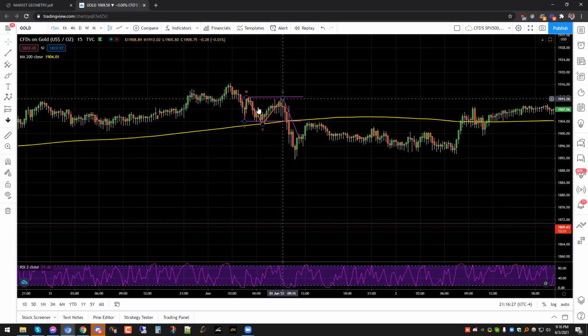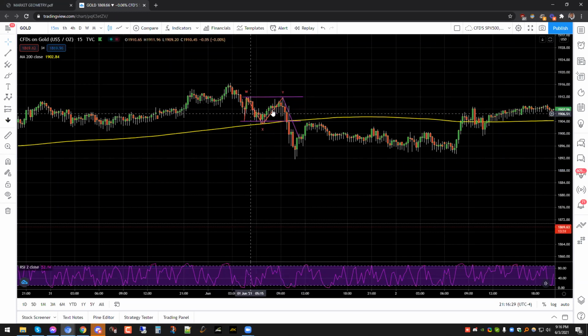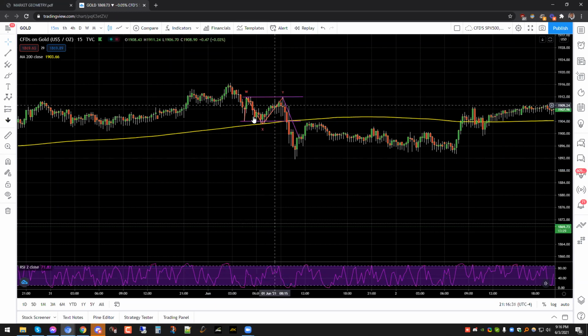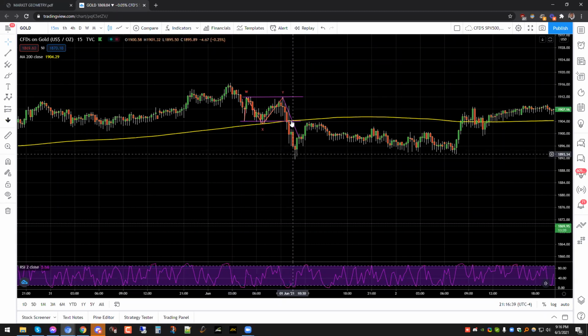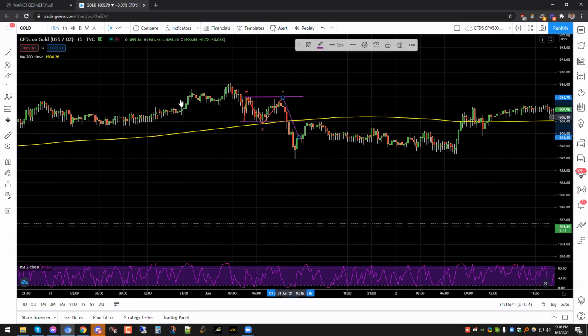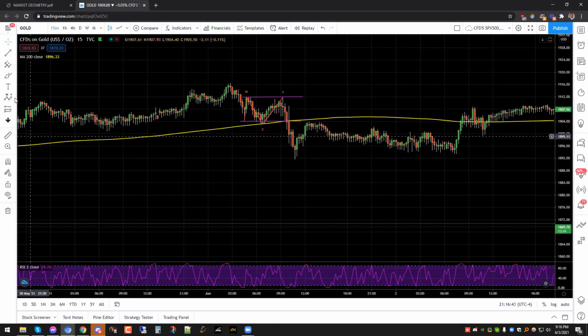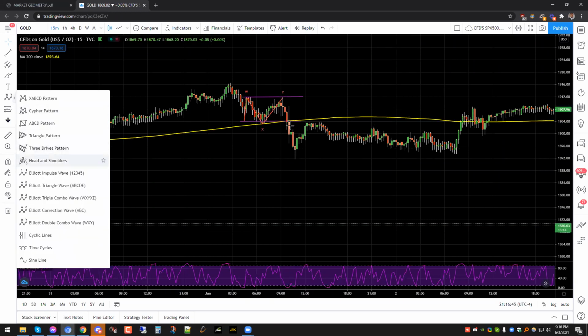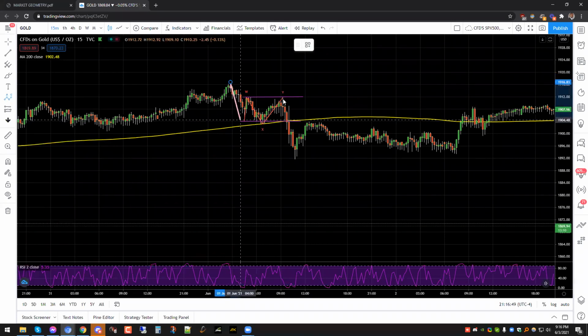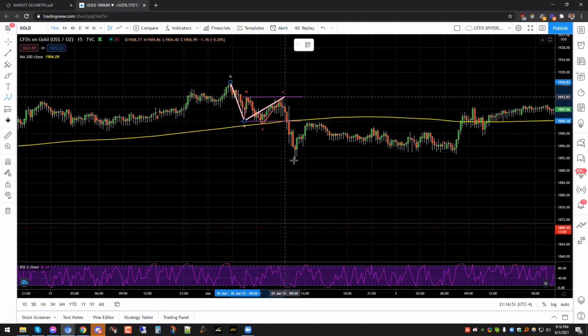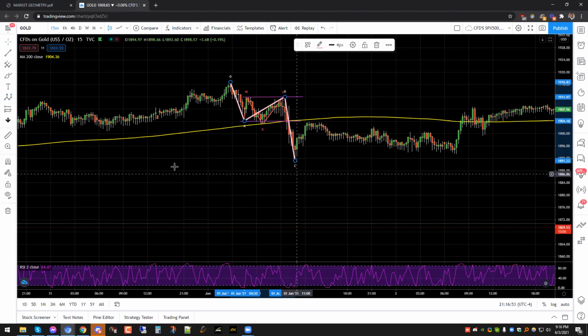So this is a three-wave move. If we would like to look at this corrective formation, right? The corrective formation is also a three-wave move, but the bigger formation is an ABC move, which we can label using these tools from TradingView. We have an ABC tool. We can label this A, this is B, and this is C down here, right?